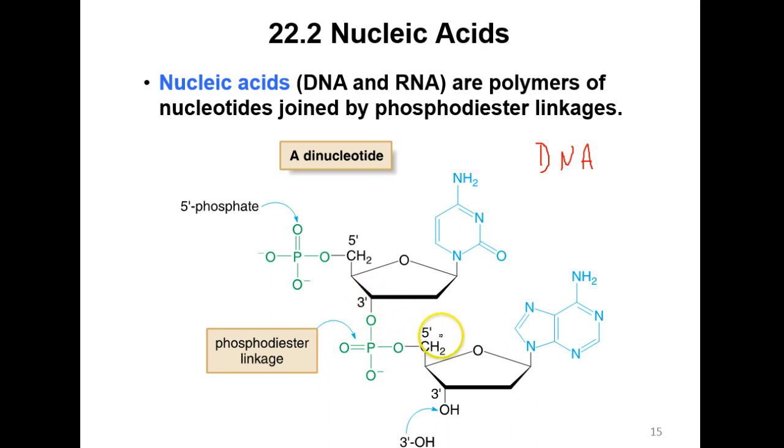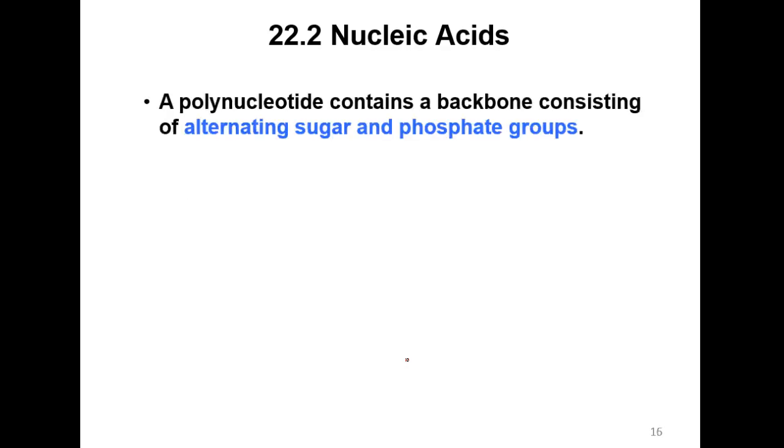So it's always a 3-5 linkage. This phosphate now will join up with another nucleotide right here onto the 3 carbon, and so forth and so on. They call it a phosphodiester because you have a phosphate with a carbonyl with 2 oxygens attached to it, so it's a phosphate ester.